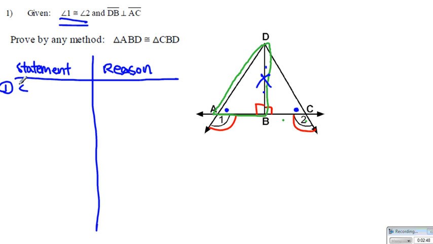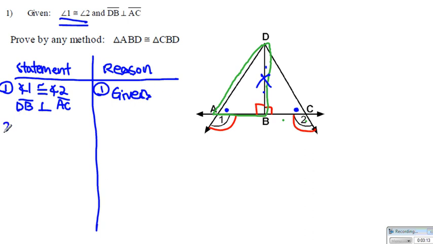Here we have angle 1 is congruent to angle 2. Also, line segment DB is perpendicular to line segment AC. The reasoning will be the given. Those are given to be true.